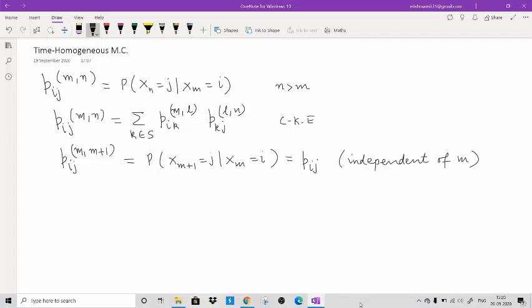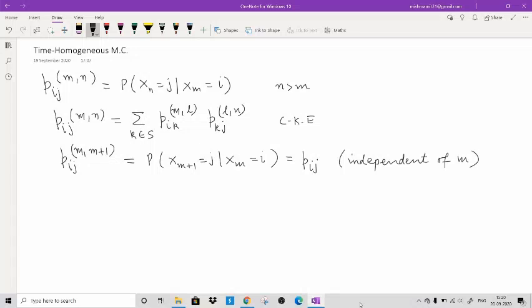That means it is a Markov chain whose one step transition probability is independent of m. So this process is known as a time homogeneous Markov process.